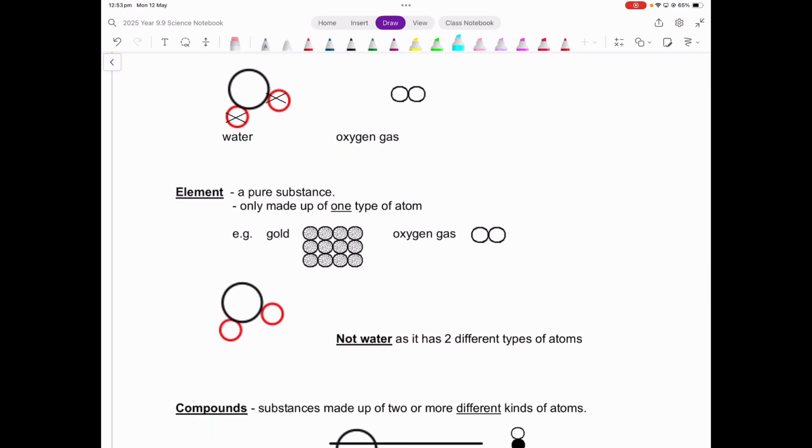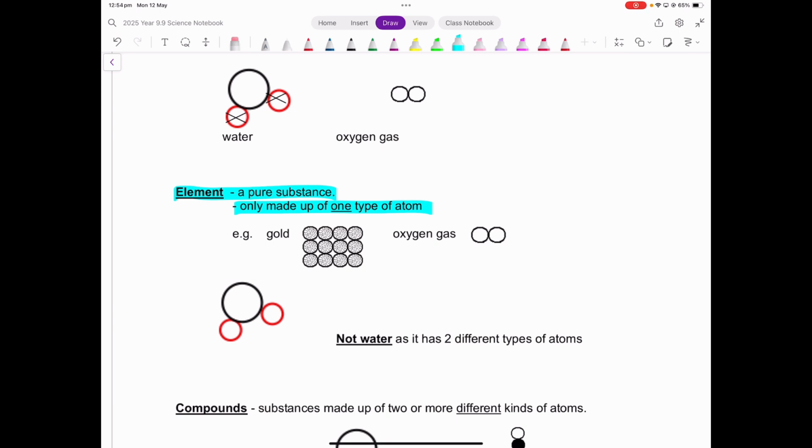Our next definition, element. I'm going to use different colours for all of these words. An element is a pure substance. So an element is only made up of 1 type of atom. So how many different types of atoms do I have in gold here? 1. How many atoms do I have altogether in gold though? 12. So, what about oxygen gas now?